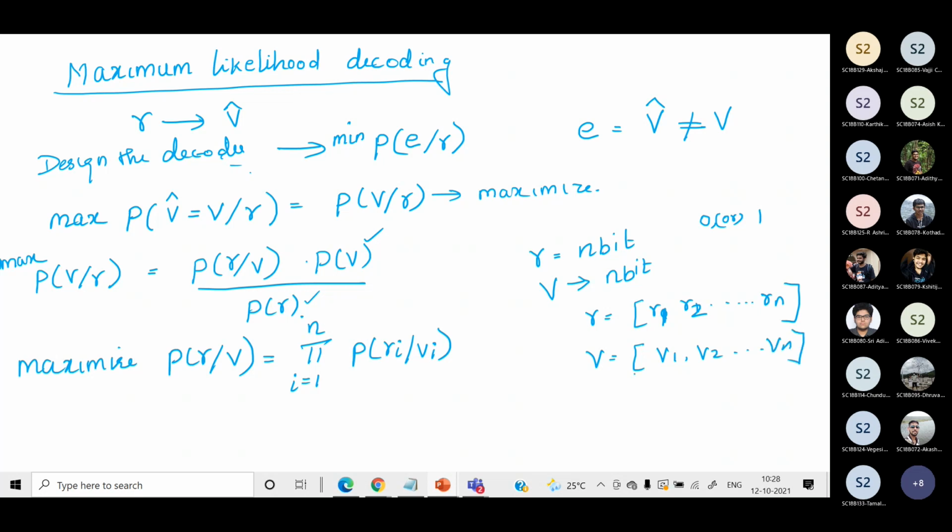So here I have taken each individual probability, P of R1 given V1 into P of R2 given V2 up to P of Rn given Vn. This will be my joint probability R given V. So this is the product representation, since it has n bits, i equal to 1 to n.